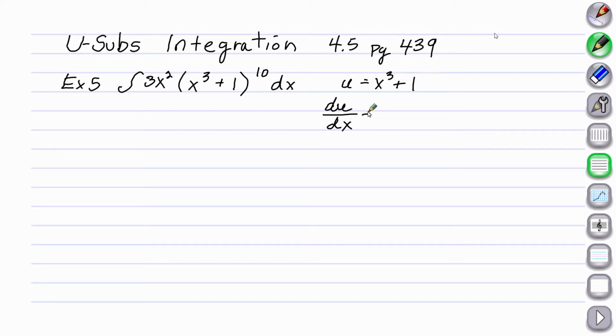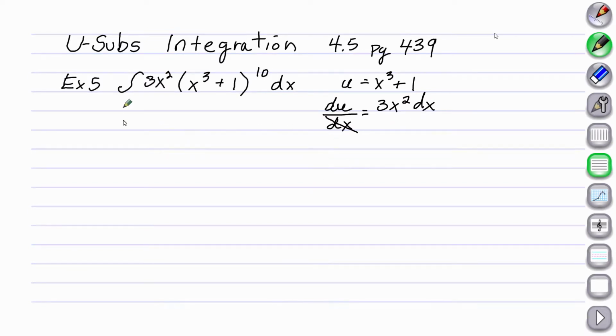So we have to go back and think about how we do derivatives. We're going to multiply the 3 times the x, and then subtract 1 from the power, and the derivative of 1 is 0, right? And then what I'm going to do is multiply both sides by dx, or sometimes I just think of it as cross multiplying, to make it a little faster, so I can cross this off and put the dx up here.